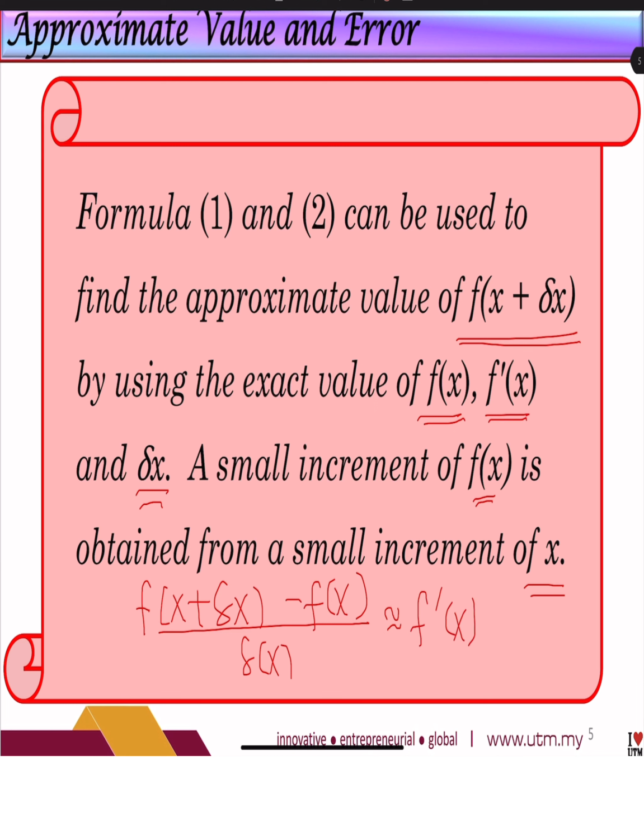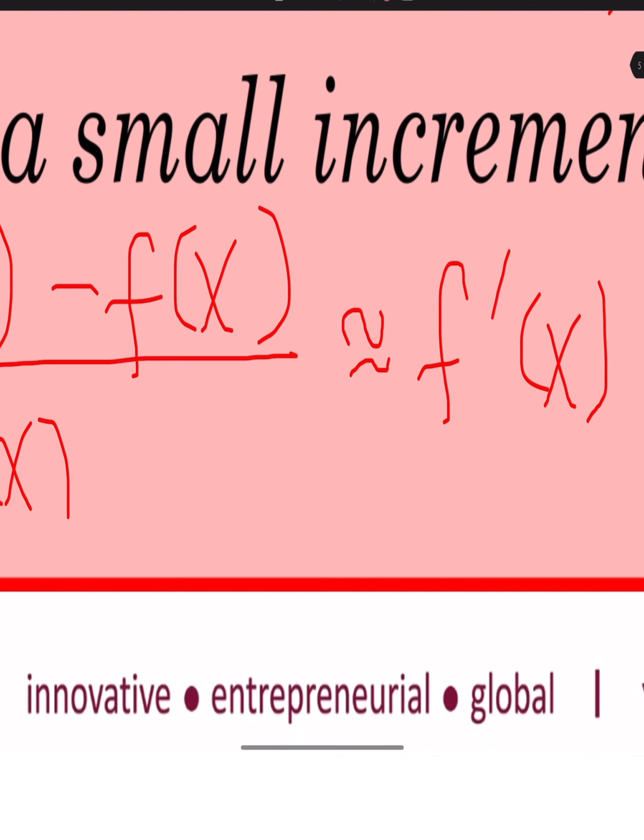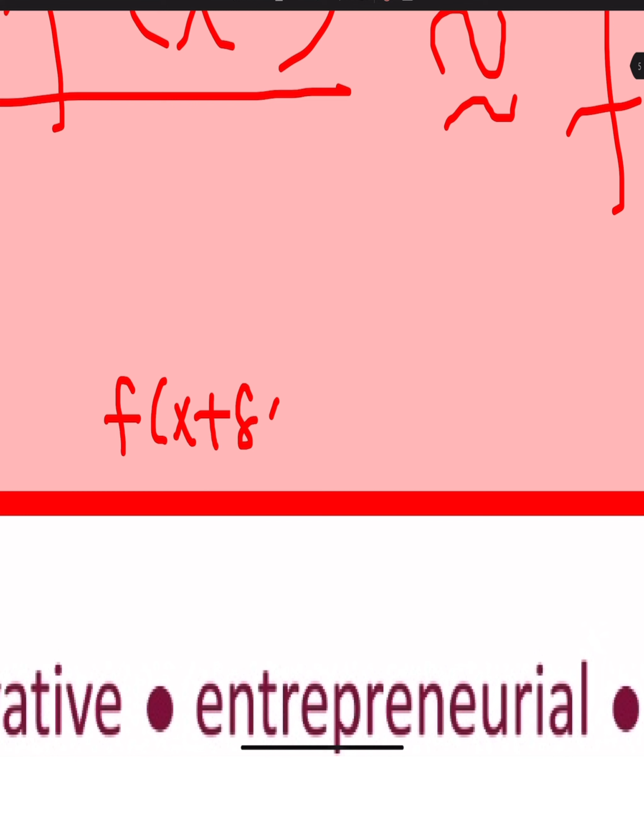Now if you want to find the approximate value of f(x plus delta x), we just rearrange the formula, bringing it over. Therefore f(x plus delta x) is approximately delta x times f prime x plus f(x).